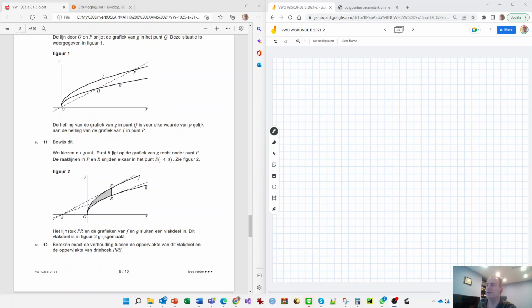Probably. They already give it, so I think there's no need to check what is being told here. You can imagine that it will happen. Maybe if you have a lot of time, you can calculate it and double check that if p equals 4, it indeed crosses here. But just for time's sake, let's assume that this is true.